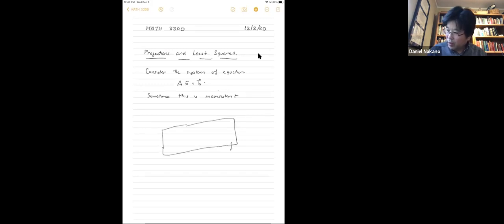This picture down here is going to be the column space of A. The column space gives you the range of A, or the image of A under the linear transformation. So this system is consistent if B lies in the column space.